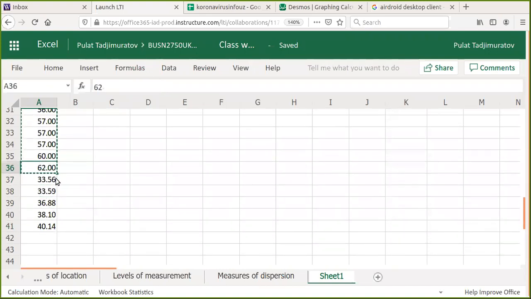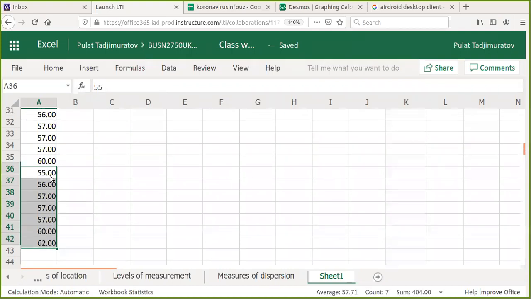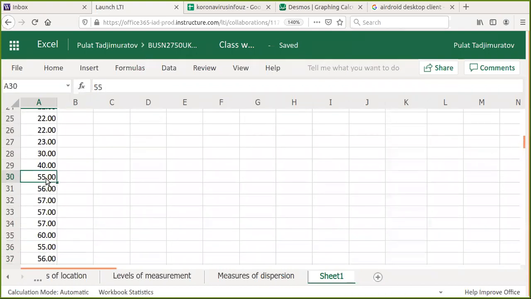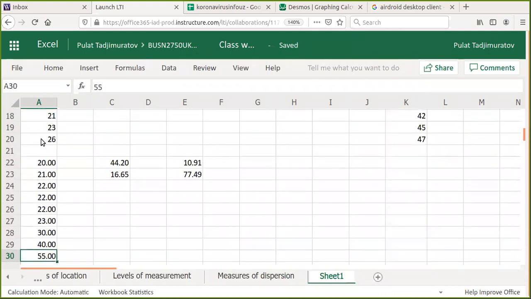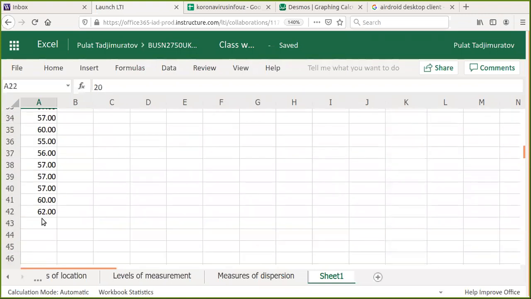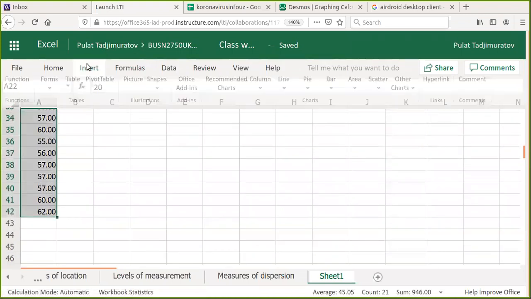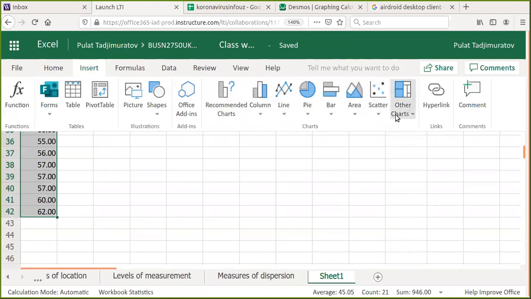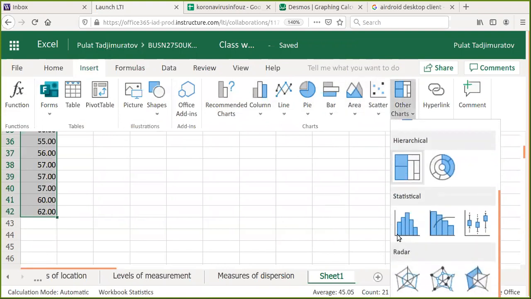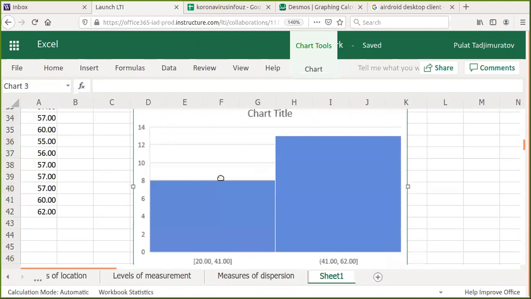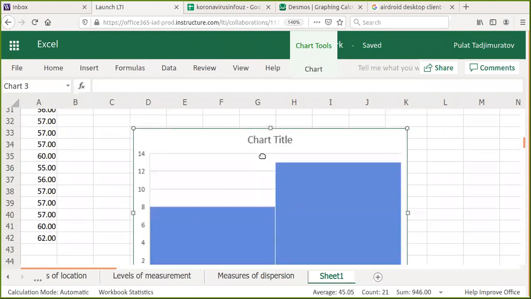So let me move all those numbers here and let it be this way. And let's put the histogram right away just to see what kind of data we have. Oh, it shows it in a wrong way. But okay, whatever.